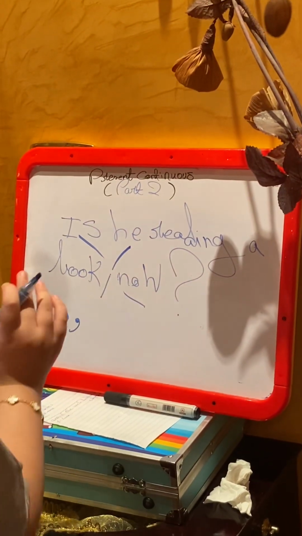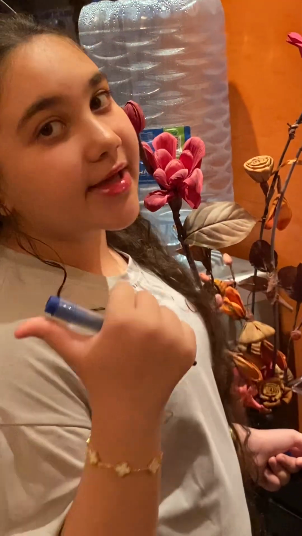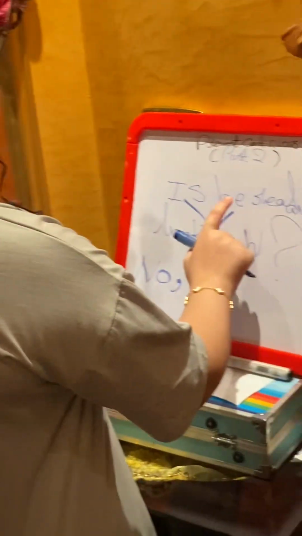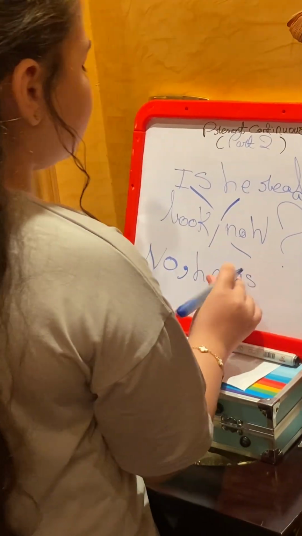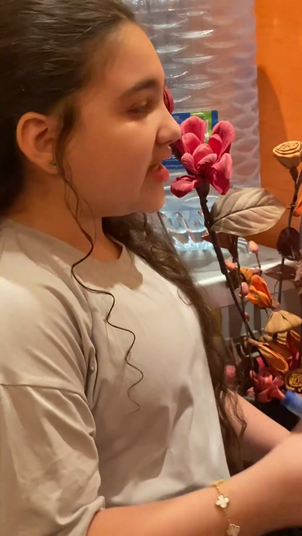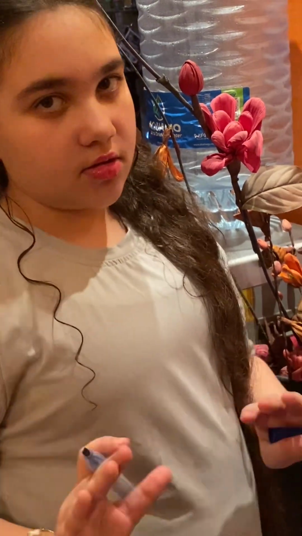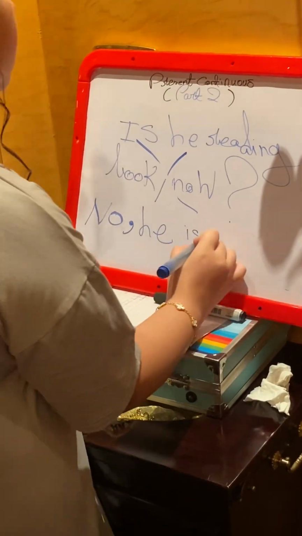So it will be as with yes, we make scissors, but I said that yes does not like not, but here no loves not, okay? So it will be no, he is. Oh, shall I put is or isn't? No, or is not. Isn't is the same as is not, okay? Is or isn't, of course, isn't.